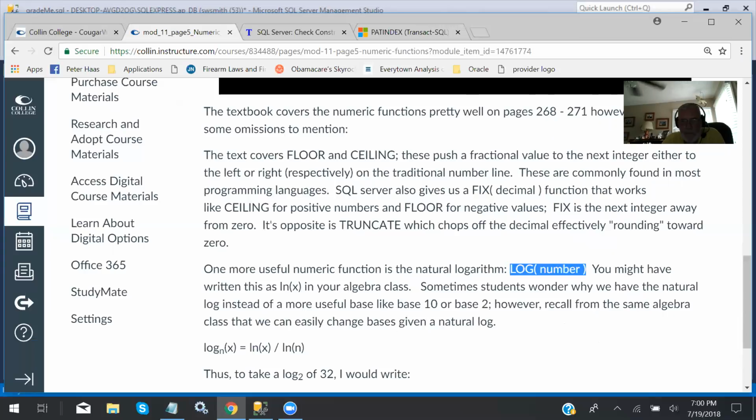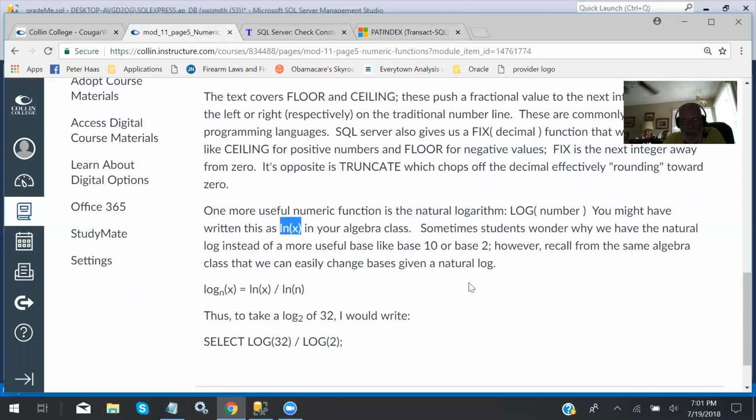Well, back in your algebra class, you probably studied the natural log, ln of x, and that's what this is. So it's the ln of the number. It is not the log base 10 or the log base 2. But if I want to change to any base, I can easily do so.